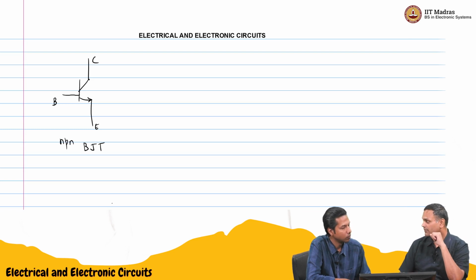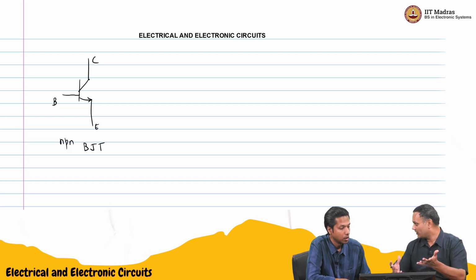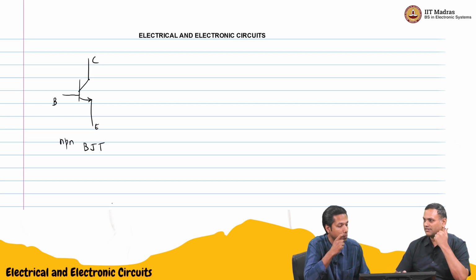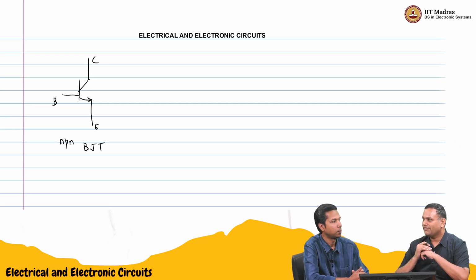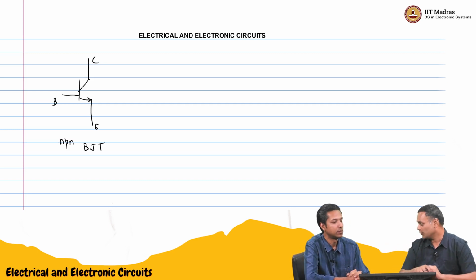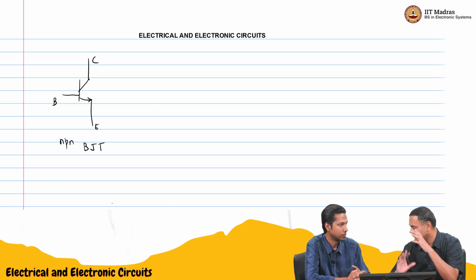What we said was, in the case of the NPN BJT, the emitter is emitting electrons. We want all of it to go into the collector so that beta is very large. So that much we know. And we don't want to add any side paths for current to flow through. So that is the way we want to build the device.